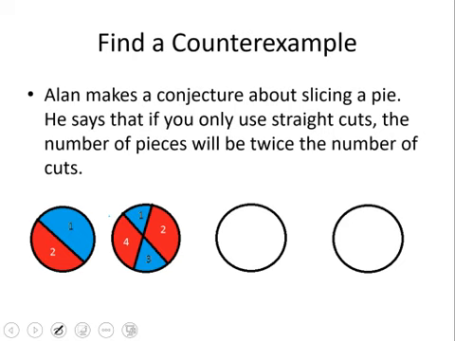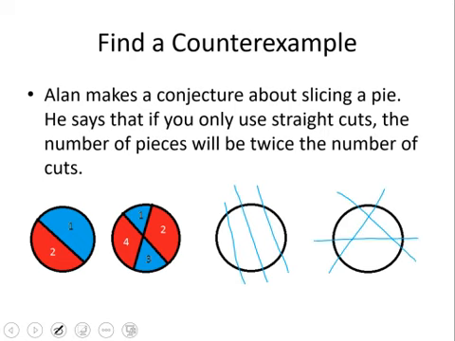If we have 3 cuts, does that mean we have to get 6 pieces? The answer is no. I can cut it 3 times and not get 6 pieces. Here's one with 4 pieces.